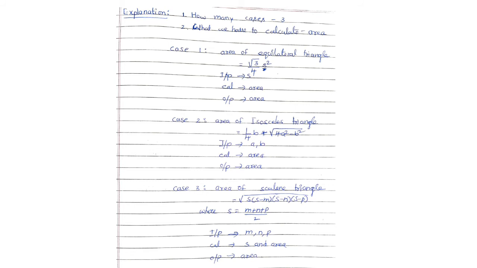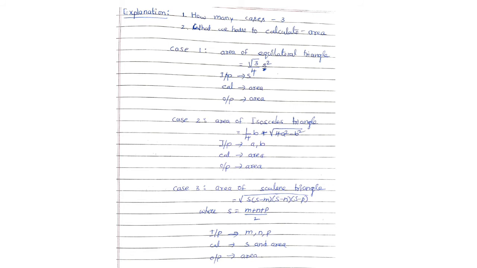Now come to the cases. In case 1, what we have to calculate? In the question, we have the first one, area of equilateral triangle. That's why in the first case we have to calculate the area of the equilateral triangle, and the formula is square root of 3 by 4 into s square. Square root of 3 by 4 is a constant and we have nothing to write, and s is a variable to input.